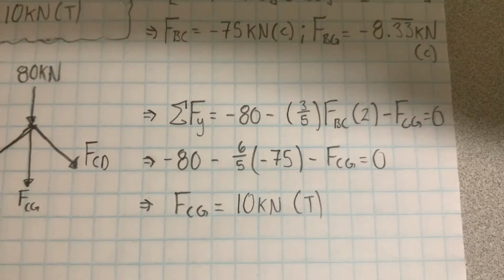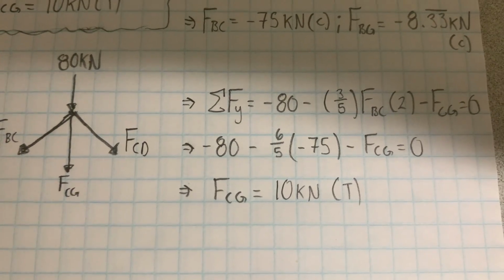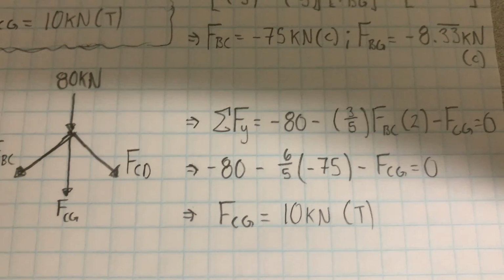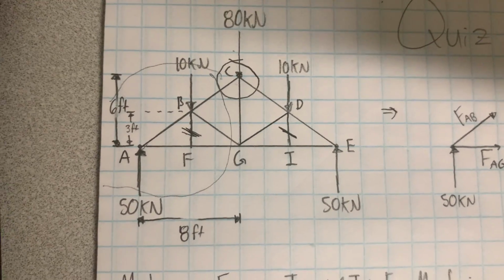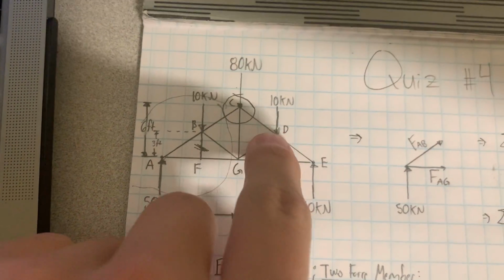So we get the sum of the forces in the y direction are equal to -80 minus 3/5 FBC, and then we multiply it by 2 because, once again, due to the high level of symmetry, we can say that the force BC would be the same as the force CD.